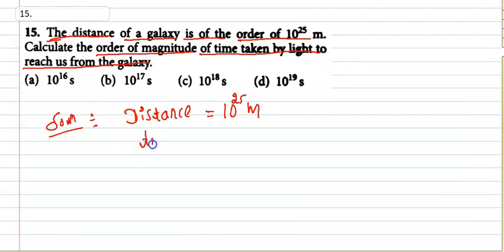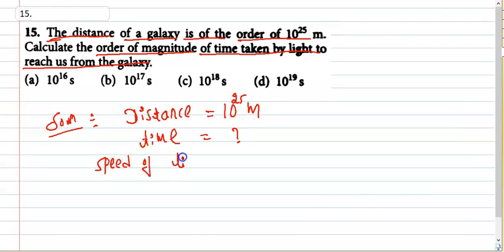We know that the speed of light is 3 into 10 to the power of 8 meters per second.